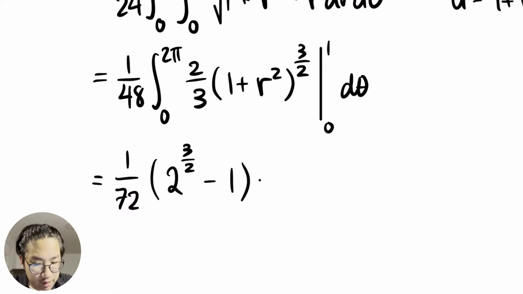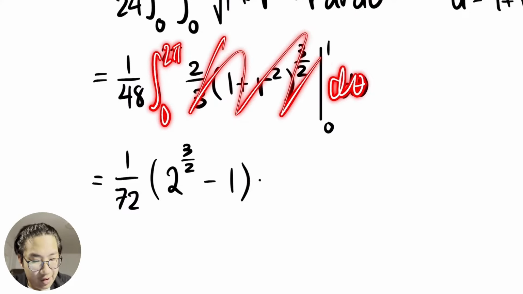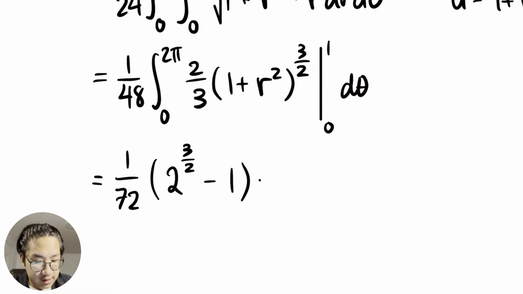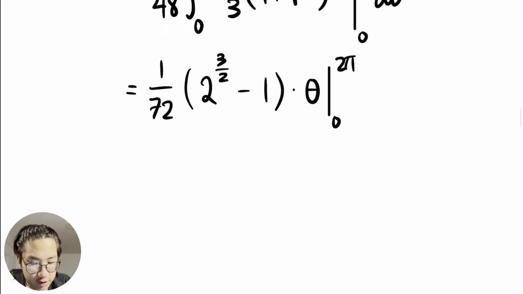And then now we are left with just this part of the integral. We've evaluated that, and there's just a 1 as the integrand. So you just have theta evaluated from 0 to 2 pi, which is obviously just 2 pi. So in this case, you would have a 2 pi over here, or just pi over 36.